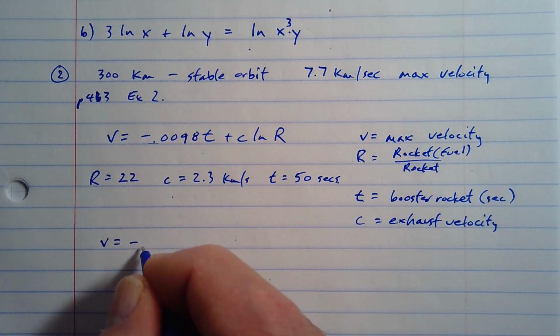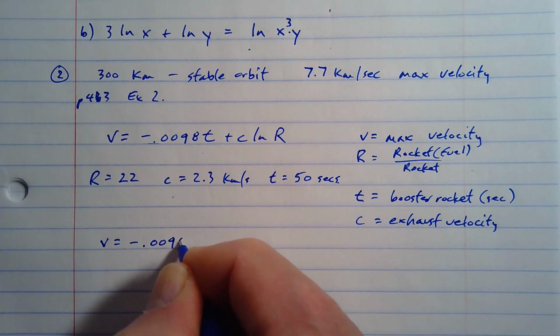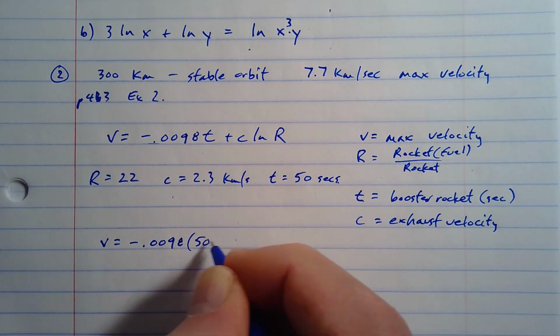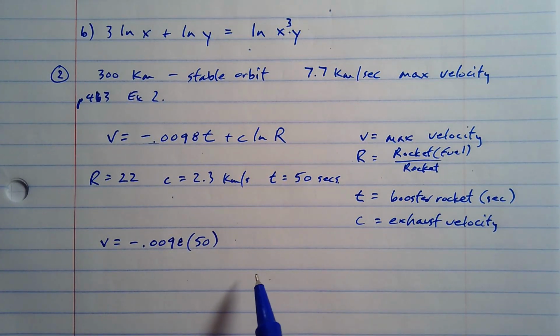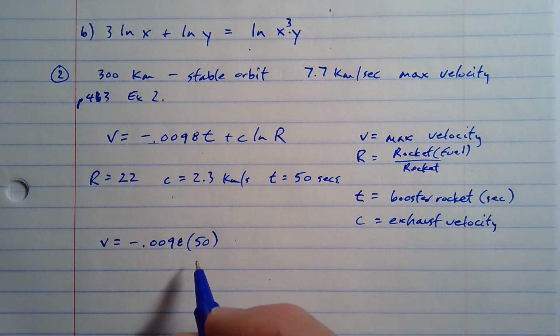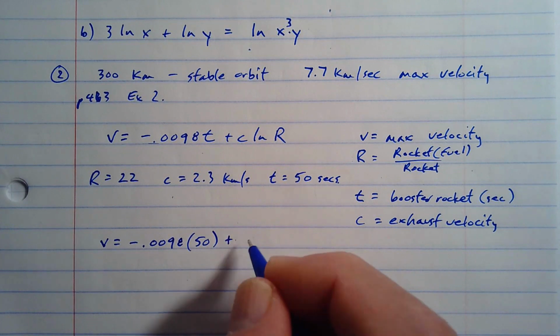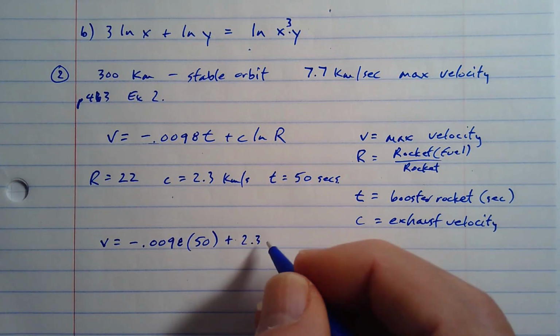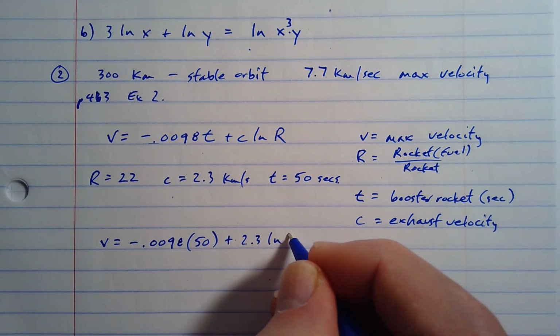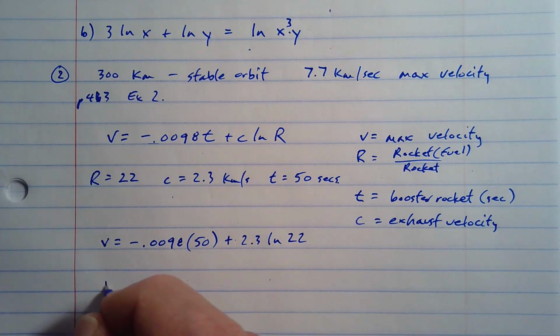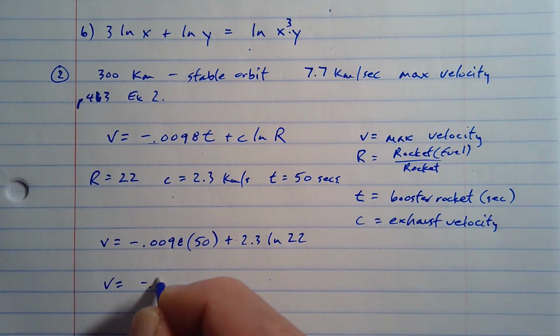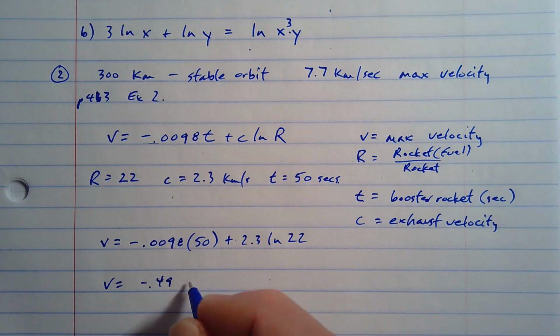So we got negative 0.0098 times the 50 seconds that the booster rocket is going to fire, and then now here's where the exhaust velocity goes, and it's natural log of 22. I get a negative 0.49 for this first part.